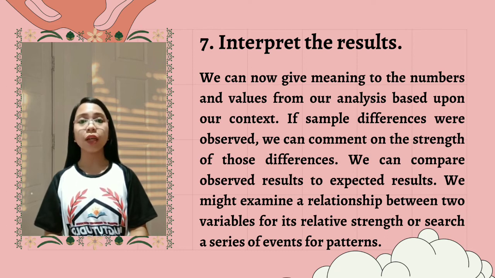We might examine a relationship between two variables for its relative strength or search a series of events for patterns. So when it comes to interpreting your data, it's all about determining whether what you discovered supports or contradicts the conclusions of earlier studies in your literature review. Your findings may also provide new information or insights.